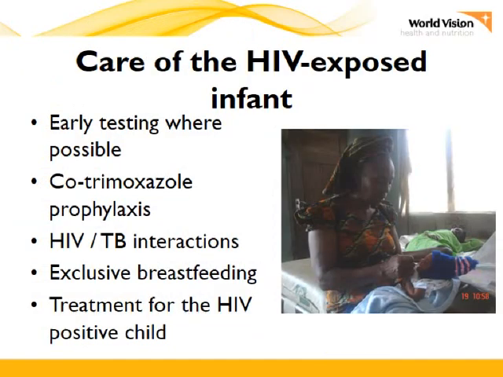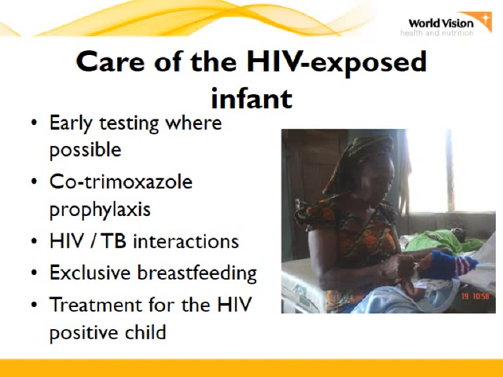For HIV exposed infants, there are a large number of these infants in Lesotho, and we have integrated PMTCT and care of the HIV exposed child in your materials as much as possible. So the infant needs to go for early testing as soon as possible.